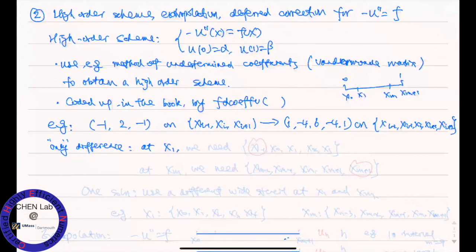At x1, because now we need more than 1 point on the left. For -1, 2, -1, we only need 1 point on the left, which is x0, but now we need 2 points. So we need a point to the left of x0, which we write as x minus 1: x minus 1, x0, x1, x2, x3. The tricky part is, what about that x minus 1?